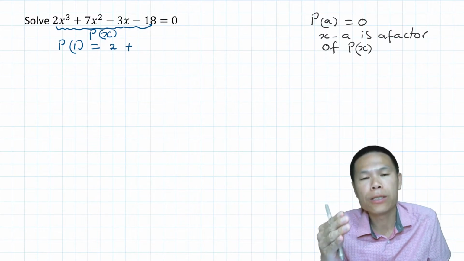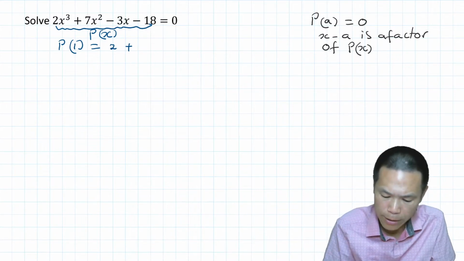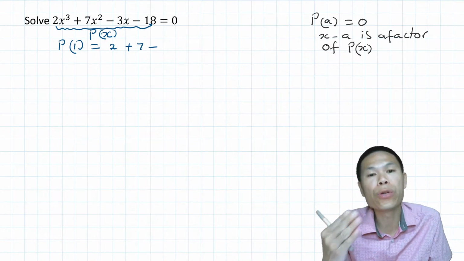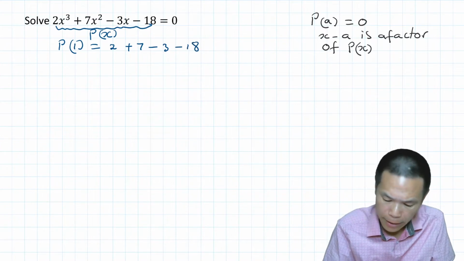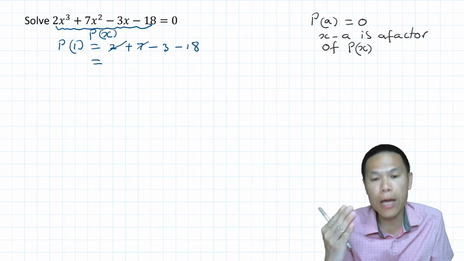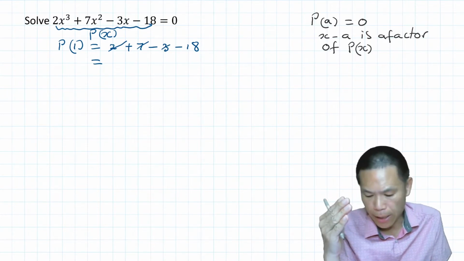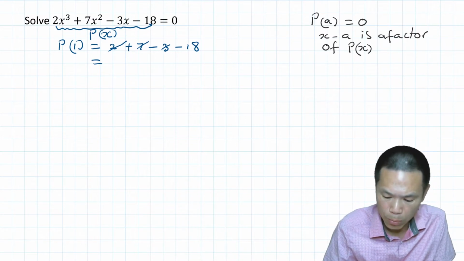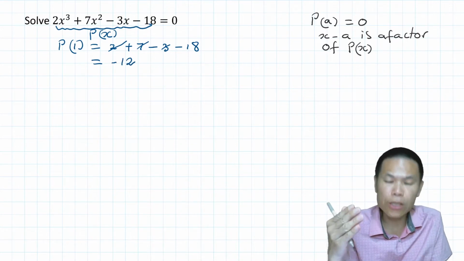Plus 7 times 1 squared; 1 squared is 1, so 7 times 1 is 7. Minus 3 times 1 is 3. And then we minus 18. So 2 plus 7 gives me 9, and then 9 minus 3 is 6, and then 6 minus 18 is negative 12. So it's not equal to 0.